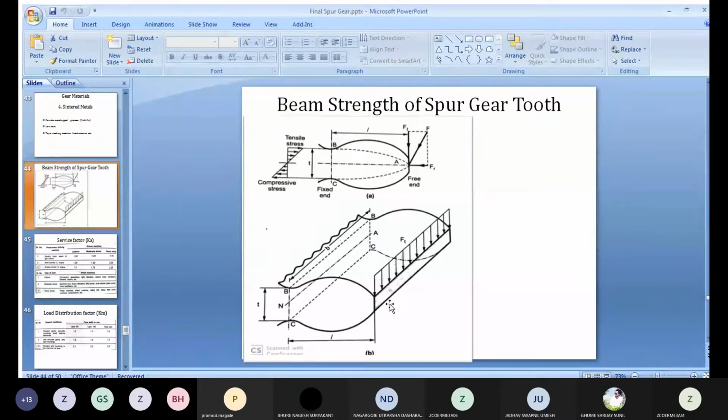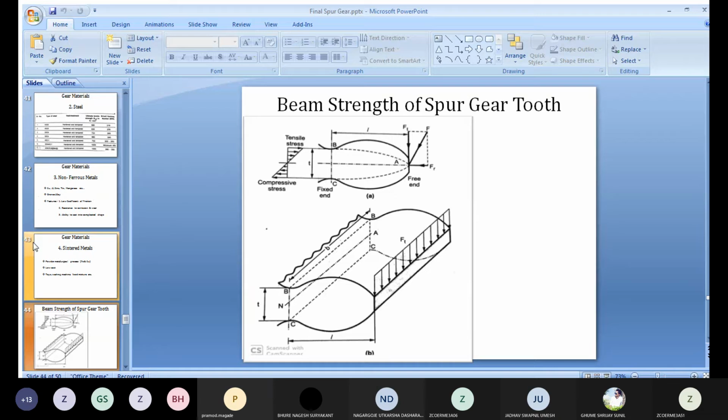Once the gear tooth bends, then a crack forms over the surface. Second step, formation of crack, and third is the breakage or tooth failure. So these are the three processes. While load is applied on a cantilever type of structure like a tooth, bending will occur.